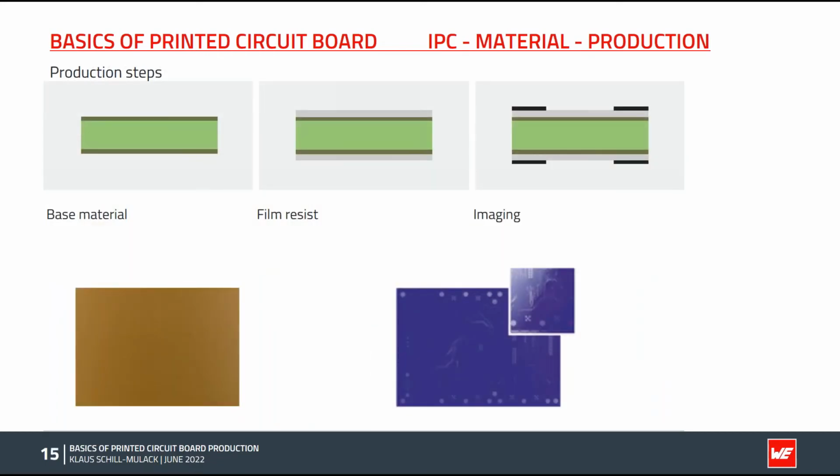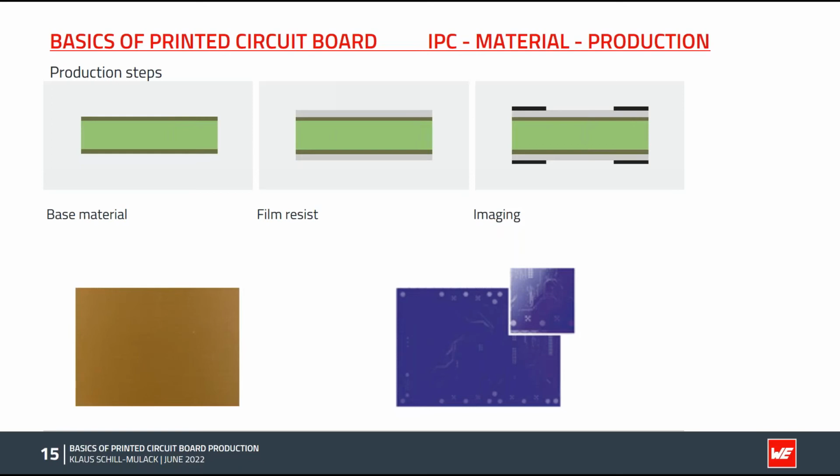So now we will have a look at the production steps. We know, I would think, the basics of the materials. So now we start with production. The starting material, as described, is our FR4 cores, and these cores are laminated on both sides with copper.